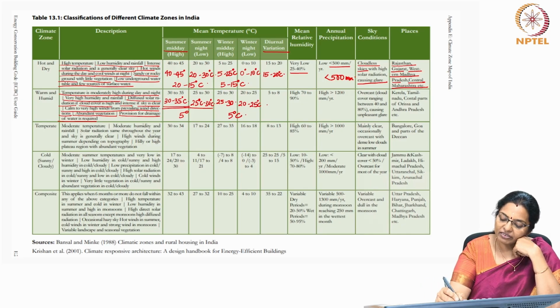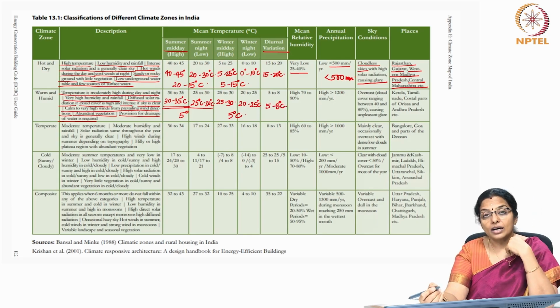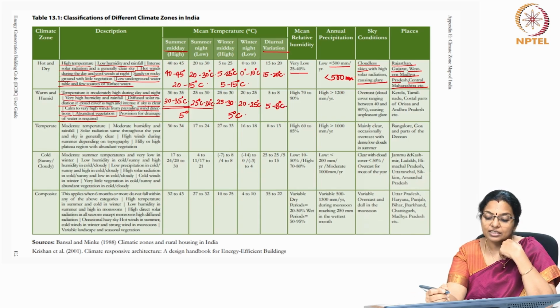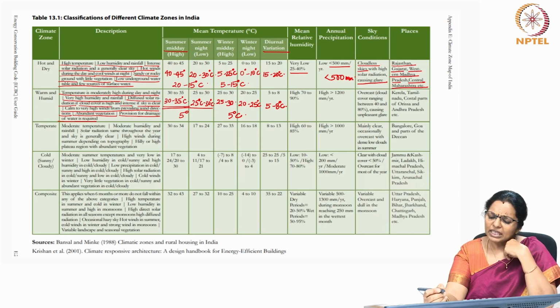So, the diurnal variation is between 5 to 8 degrees centigrade, unlike hot and dry, where the diurnal variation is about 15 to 20 degrees centigrade. The mean relative humidity is very high, between 70 to 90%.